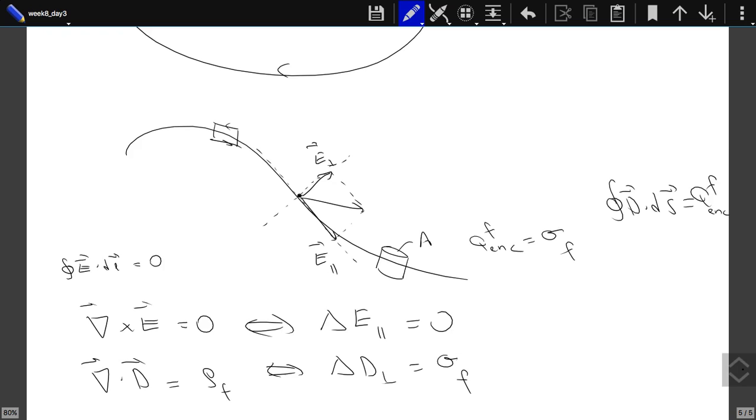Since the free charge density will be 0 at that point, the perpendicular component of the displacement field will also be 0. The surfaces that we are talking about are not material surfaces. They are not physical surfaces. They're just mathematical surfaces. They can overlap with the surface of your dielectric or not.